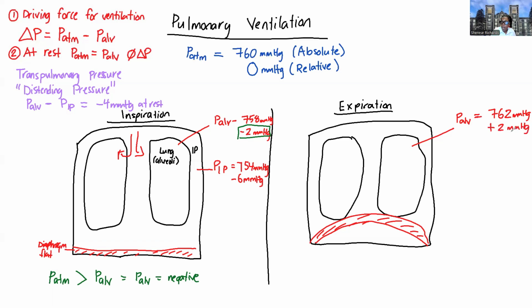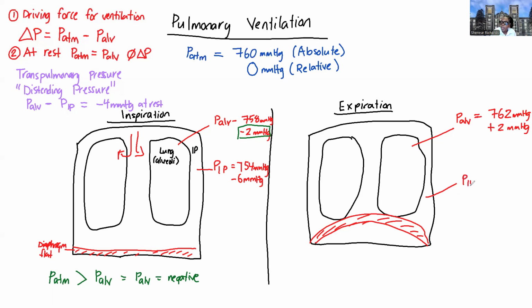Okay? And then similarly, our intrapleural pressure here is going to change as well, but it's still going to maintain that 4 millimeters of mercury difference from the alveolar pressure. So if the alveolar pressure is +2, this is going to have to be -2, right? 4 millimeters of mercury more negative than the alveolar pressure.